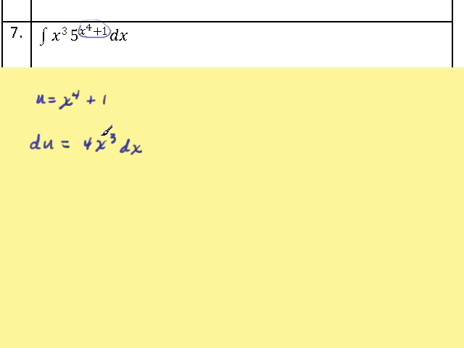All right, let's solve for x cubed dx, what we have there. So 1/4 du. That's the 1/4 that's going to come out in front. Okay, now let's substitute. Instead of x cubed dx, we're going to write 1/4 du. And instead of 5 to the x to the 4th plus 1, we have 5 to the u.